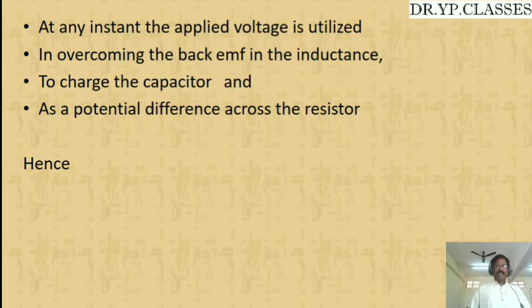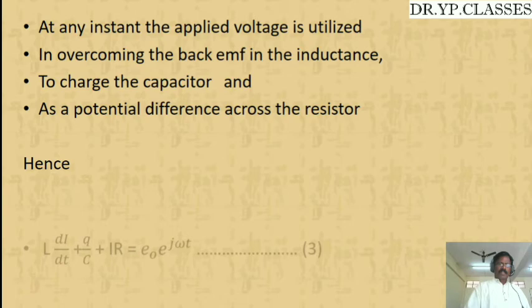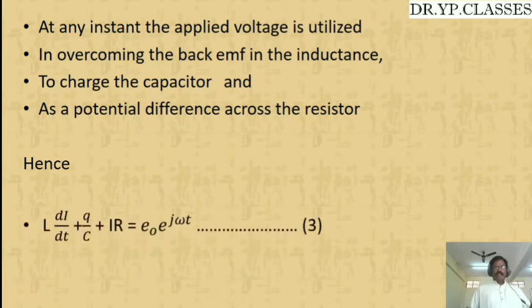Now I will write this in the equation as L di/dt, which represents the back EMF, plus q/C, the potential used to charge the capacitor, plus IR, the potential difference across the resistor. The sum is equal to E₀e^(jωt).